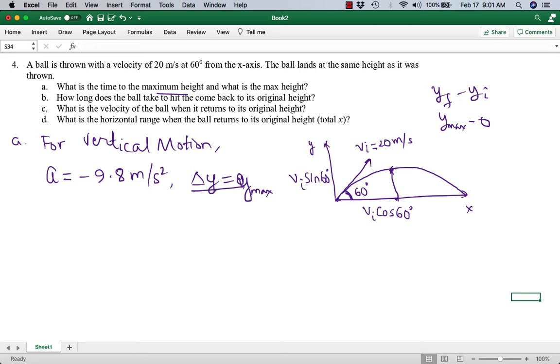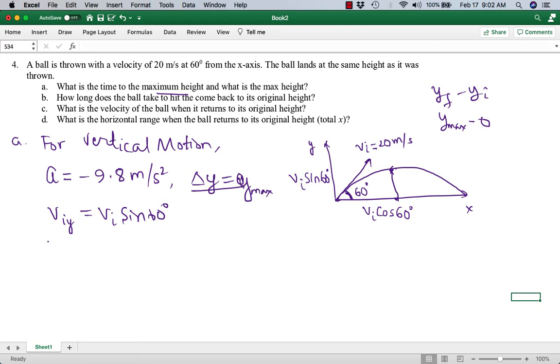Okay, so that's delta y. And what else do we know? We know the initial velocity in the y direction, viy, or sometimes you will also see voy, same thing. Here I will just write viy. So viy is vi sine 60 degrees.